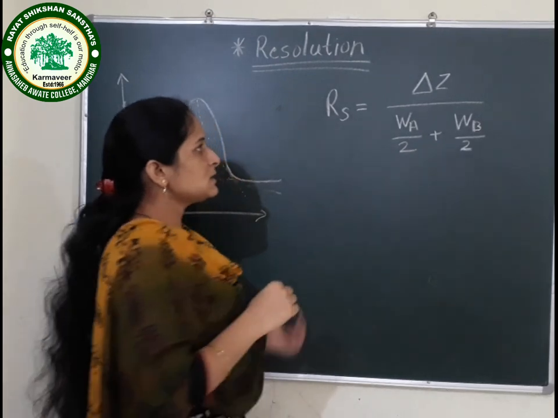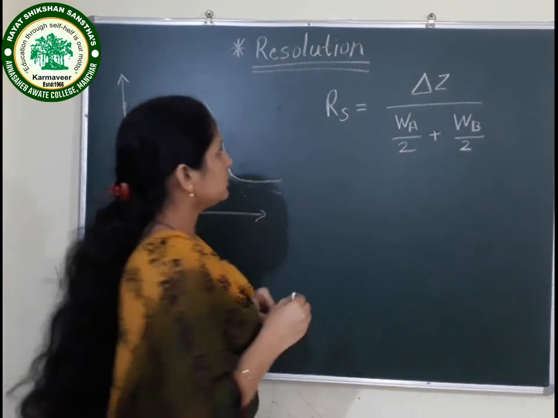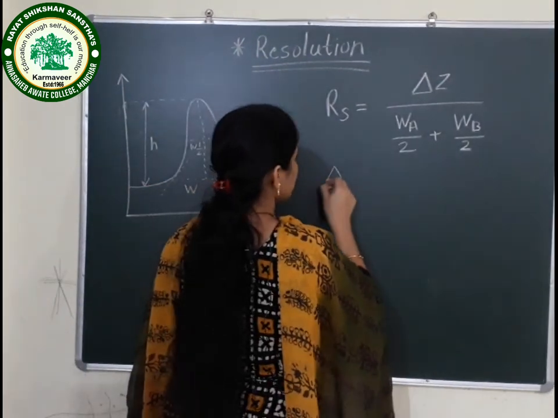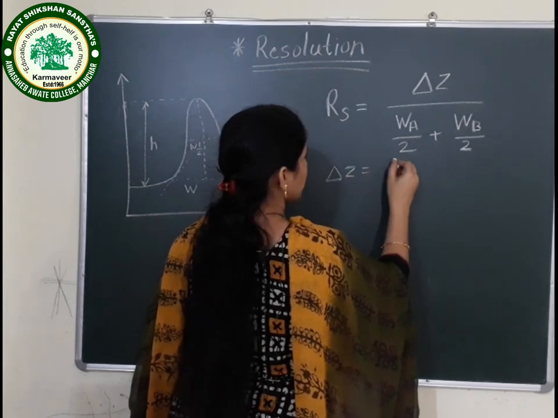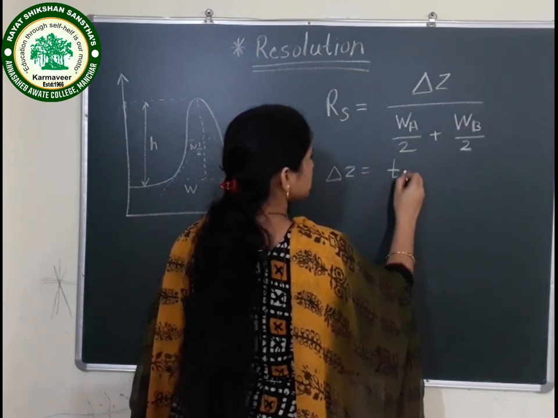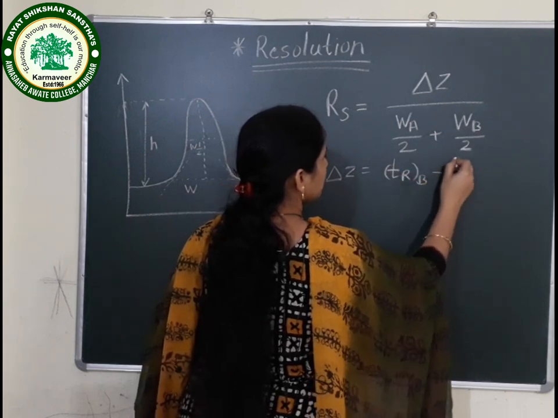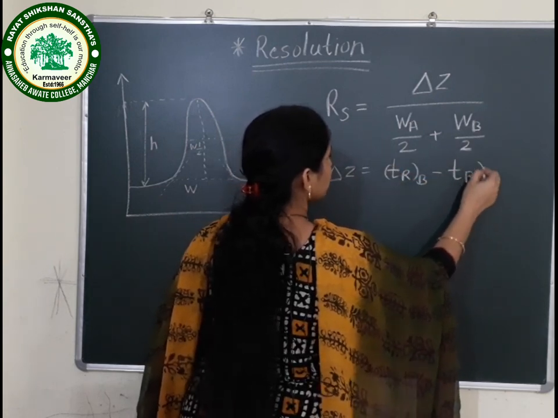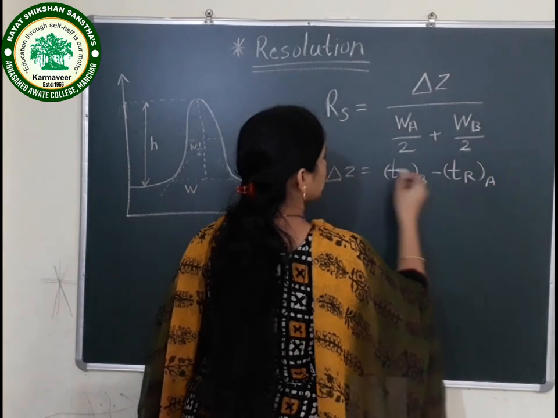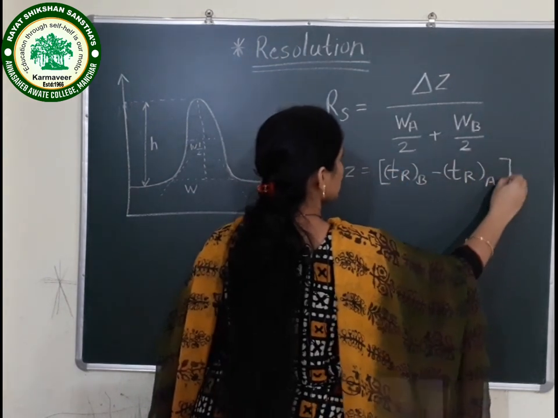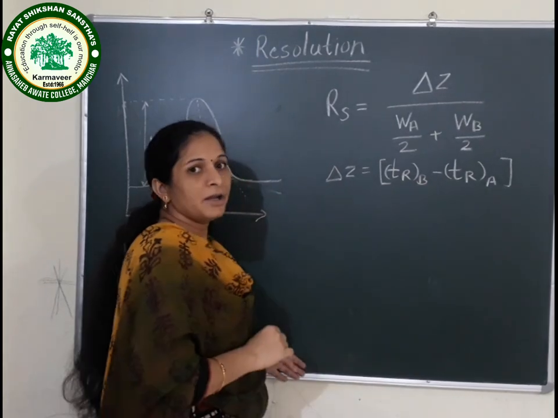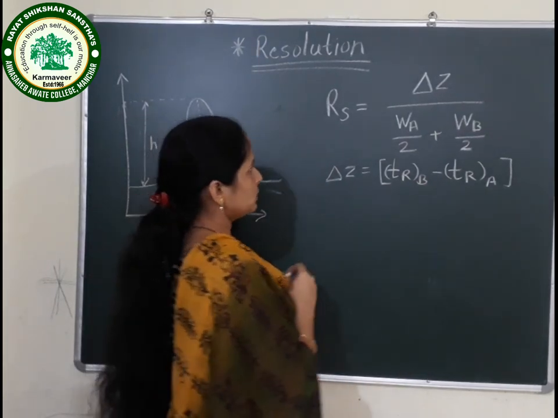What is this? This is the half of the peak width. What is this delta Z? Delta Z is equal to retention time of B component minus retention time of A component. Means this delta Z is the difference in the retention time of the two components.